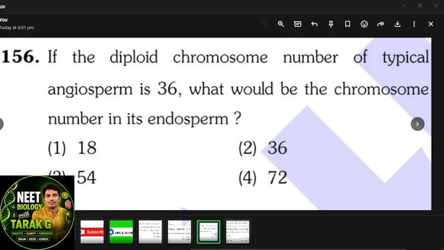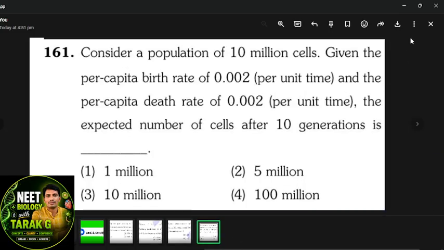Question 161 from yesterday's paper, also a numerical. This is also simple, but you should know the death rate and birth rate. B minus D, if you catch this, then you can easily understand the question and get the answer.